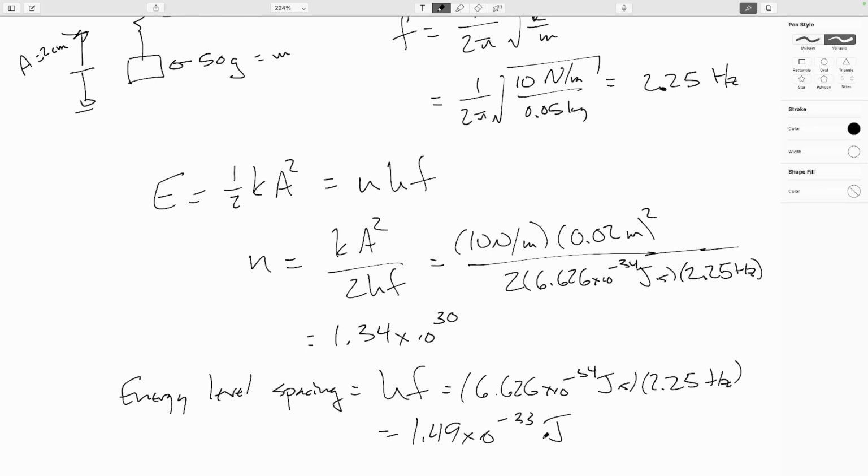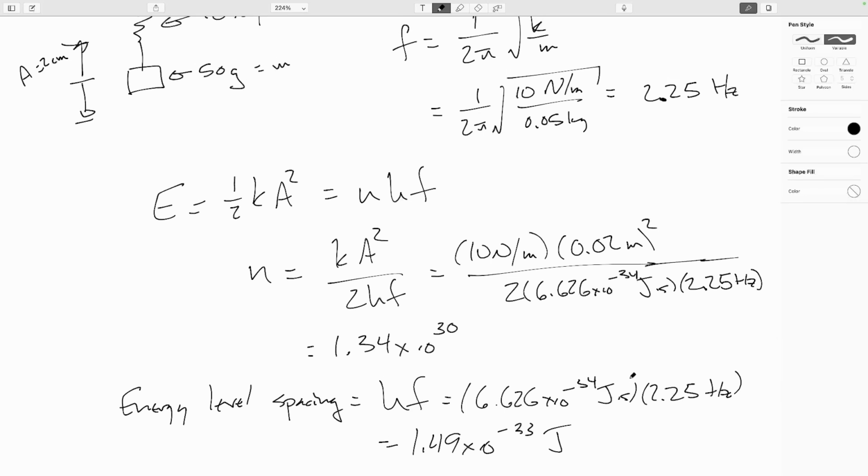So although you can't have any old energy level, the energy levels are spaced so finely that there is no instrumentation out there at all that can detect that our mass on a spring can't have any old energy level, but it can only have energy levels that are multiples of 1.49 times 10 to the negative 33 joules. And then when you're up in the fraction of a joule range for a setup like this, it basically looks continuous.